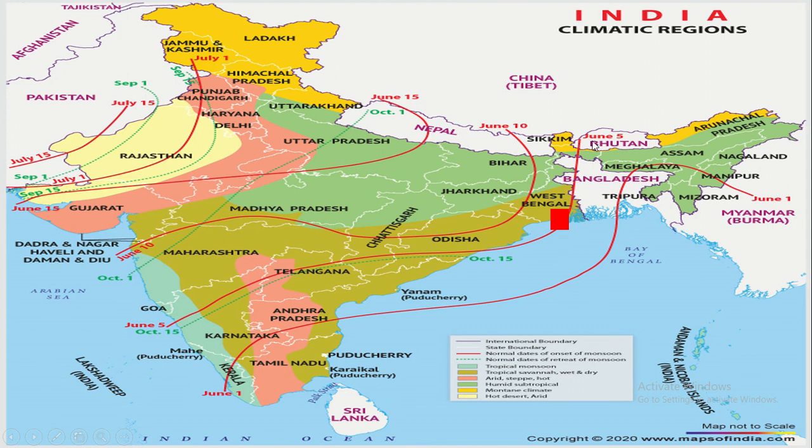The northern part follows Sikkim, here Meghalaya, Assam, then Manipur, Mizoram in the eastern part, and on the borderline here is Myanmar, and there is the Bay of Bengal, and here the Indian Ocean. So we know the Bay of Bengal is a channel of the Indian Ocean. So Calcutta is situated in the southwestern part of our country.